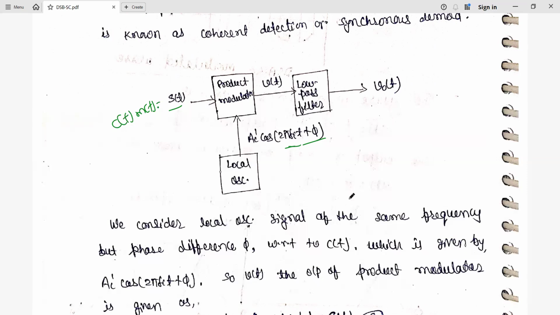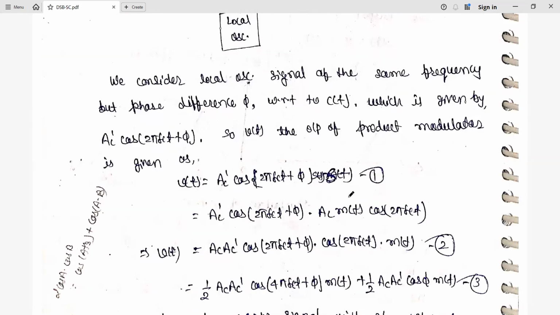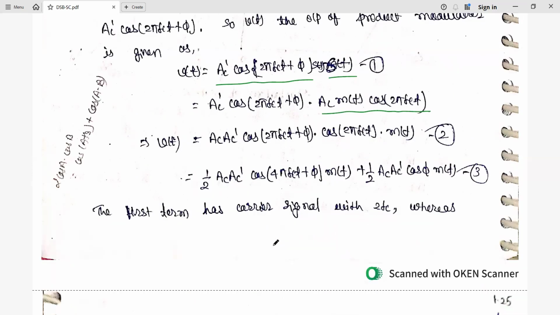So finally, it is given to the product modulator. Here the carrier signal of this local oscillator is multiplied with s of t, where s of t is A_c m of t cos 2 pi f_c t. After multiplication, we obtain A_c' cos(2 pi f_c t + phi) and cos 2 pi f_c t into m of t.